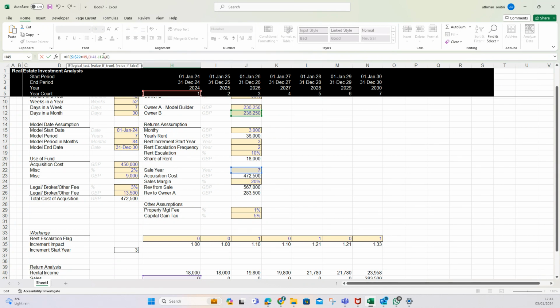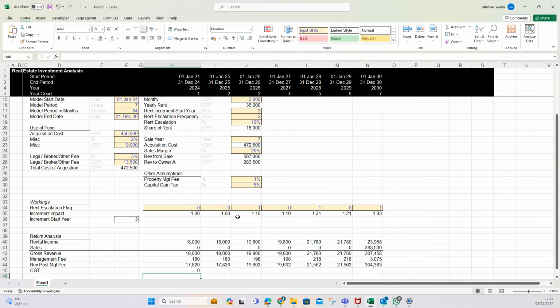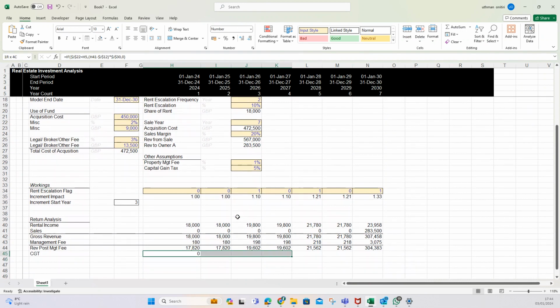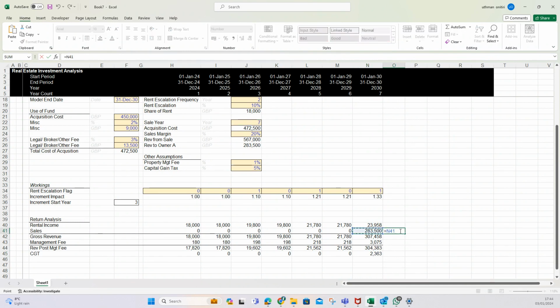We need to freeze this up. And we're taxing that by 5%. And this should do the magic for us. It's done the magic. Perfect. So do times 5%.